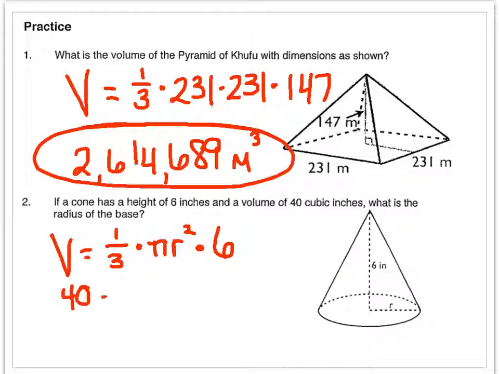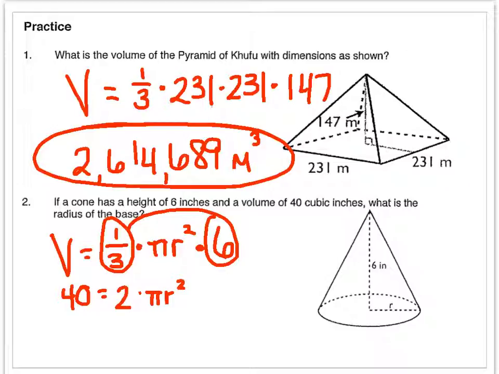So 40 equals 1/3 times 6, which is 2, times pi r squared. 40 divided by 2 is going to give us 20 equals pi r squared.